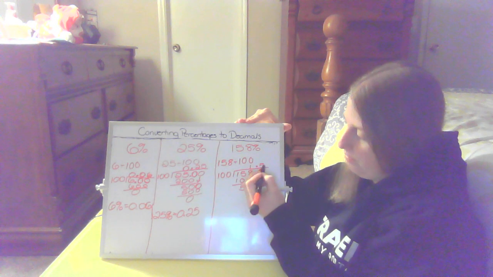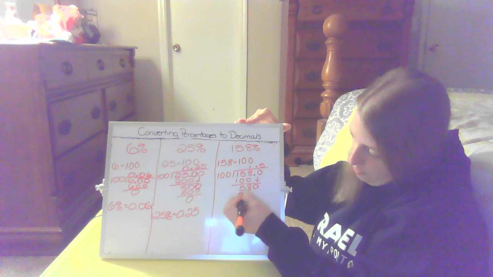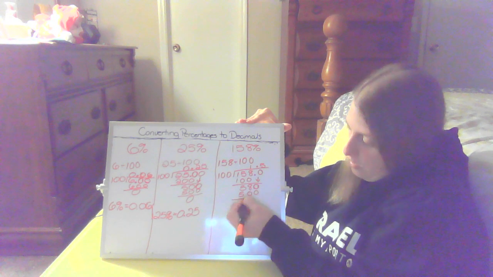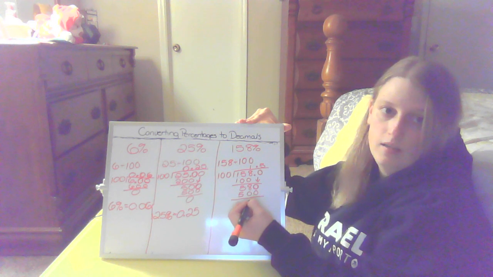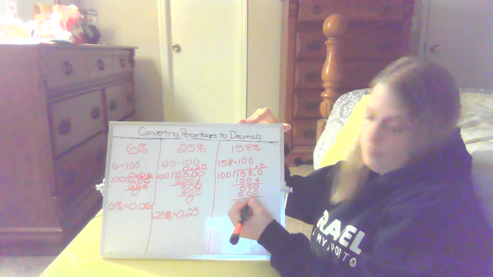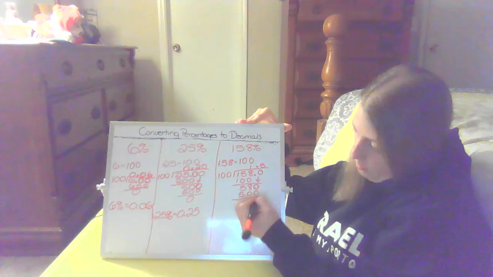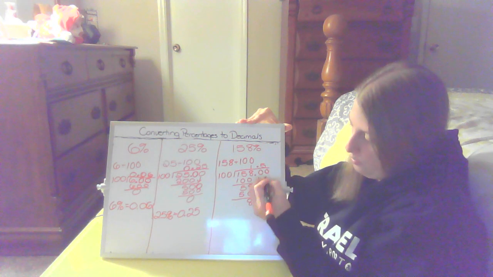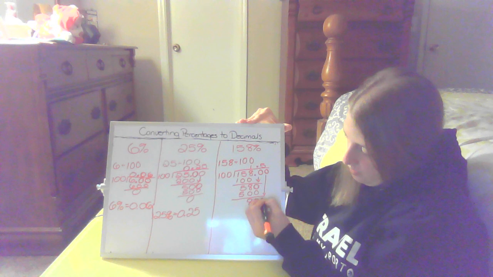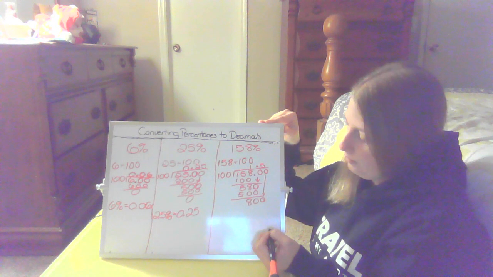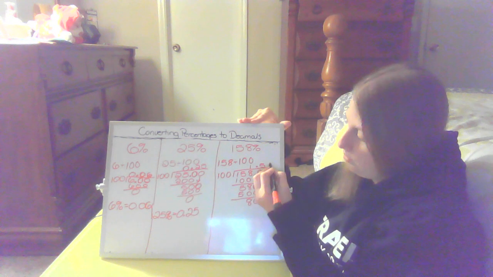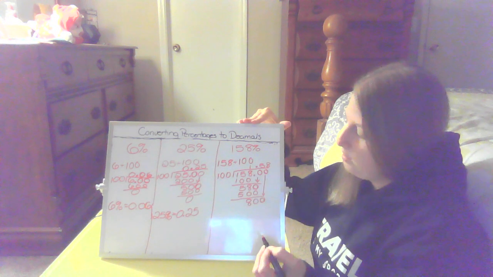So we're going to put our 5 there. That's going to give us 500. And 580 minus 500 is going to give us 80. And we're going to create another 0 and carry it all the way down. And we know that 100 can go into 800 8 times.